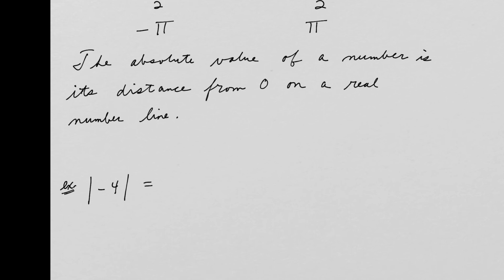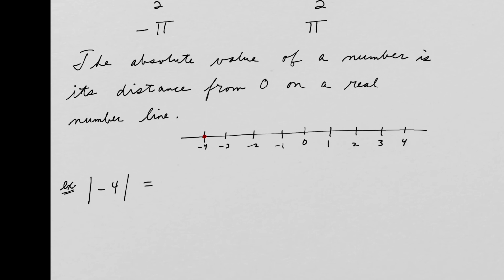Where is -4 on a real number line? That would be right here, right? This would be -4. I'll put in a few integers here: 1, 2, 3, 4, -1, -2, -3, -4.